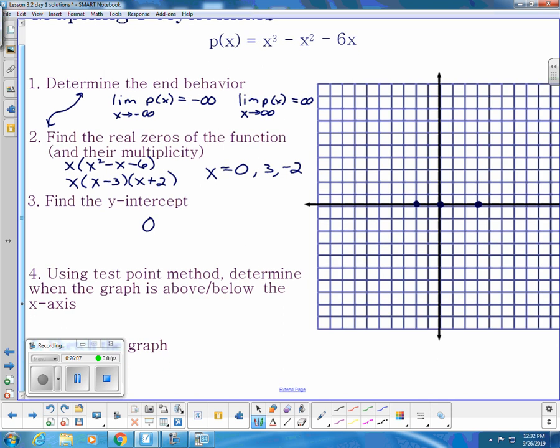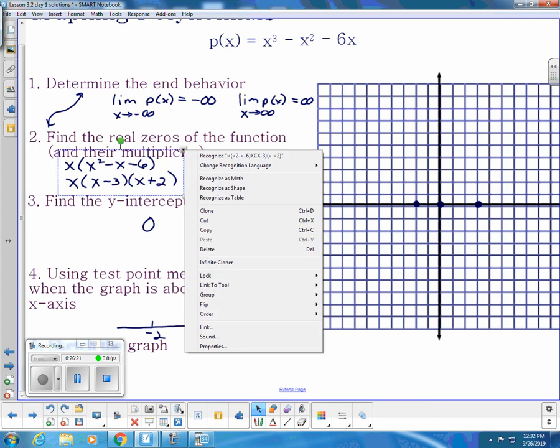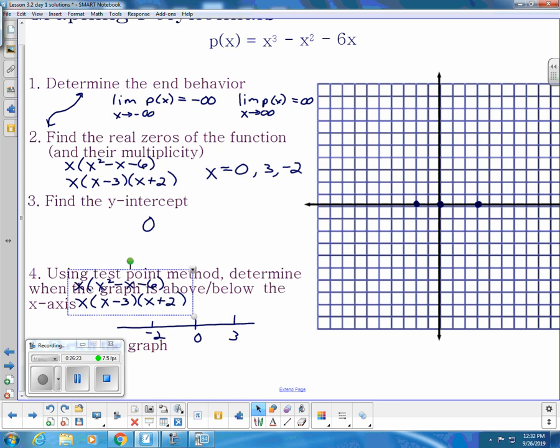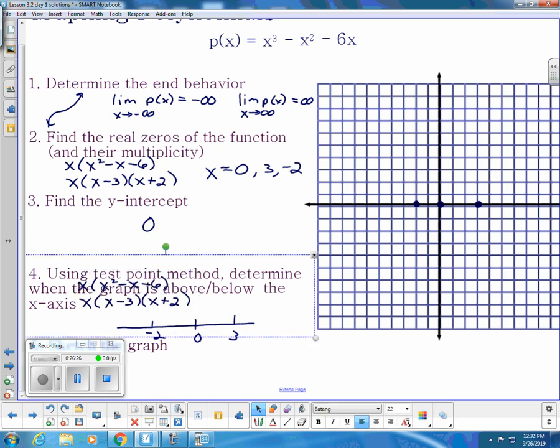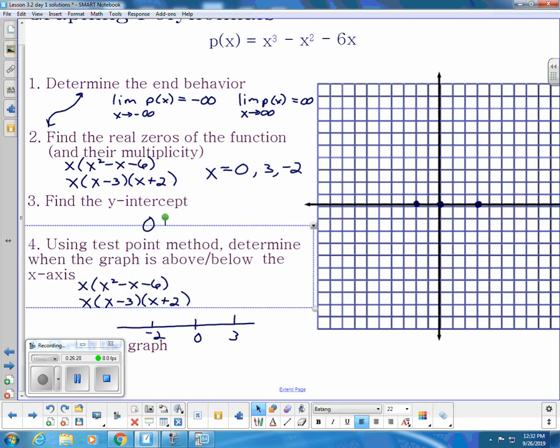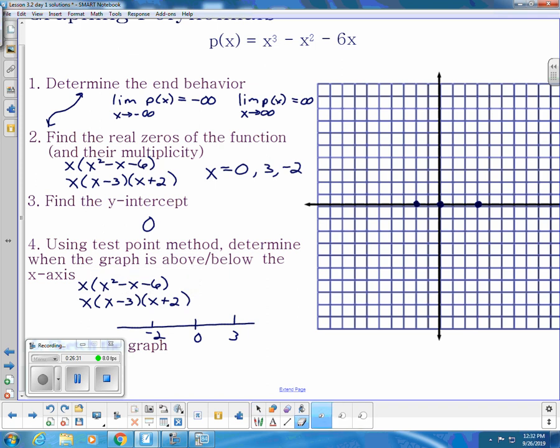Using the test method, so we have this factored. Let's clone this little guy, bring him down here. Okay. We're going to need to do this on the test, but we can graph without doing this. If I put negative 3 in here, I would have a negative, and a negative, and a negative.